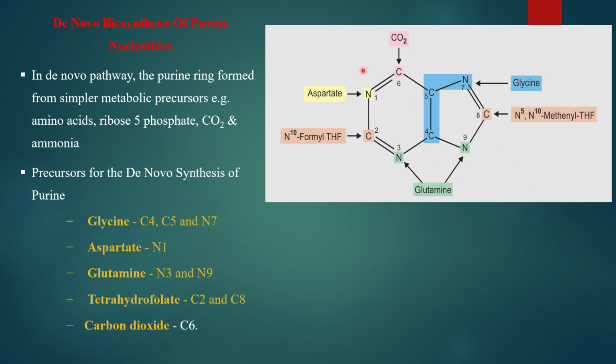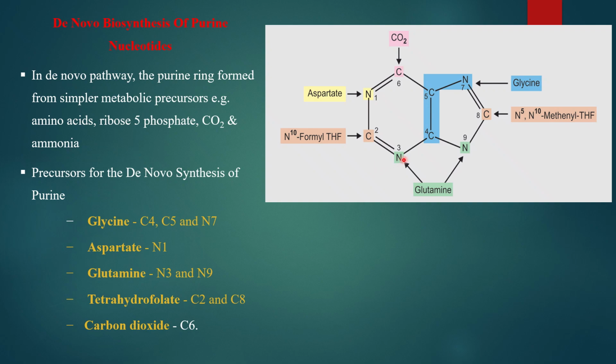So what are the different components of the ring which are contributed by different substances? Glycine is contributing C4, C5, and N7. So the C4, C5, and N7 part of this skeleton is contributed by glycine. Similarly, aspartate is contributing nitrogen 1. Then glutamine is contributing N3 and N9.